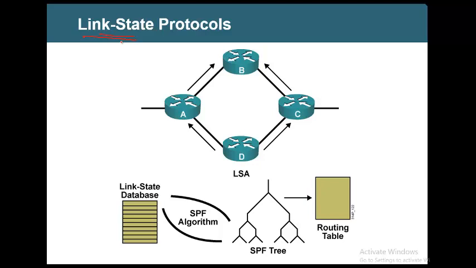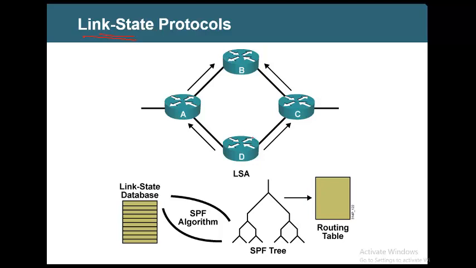You're not advertising your best route from the routing table. You are advertising every link that is attached to this router and the status of the link, and every router receives it.